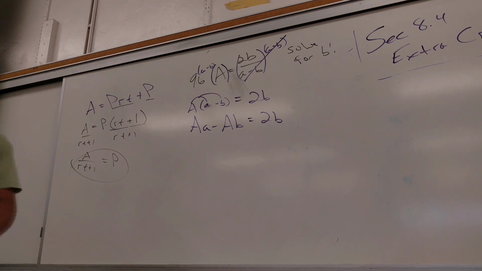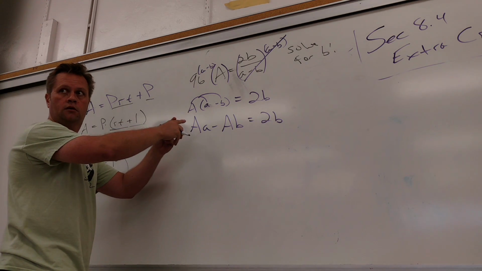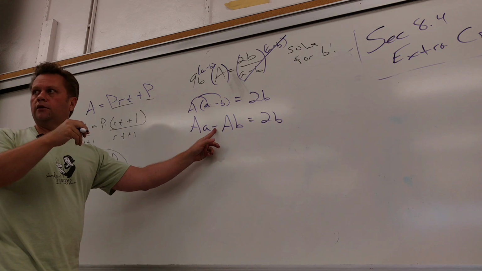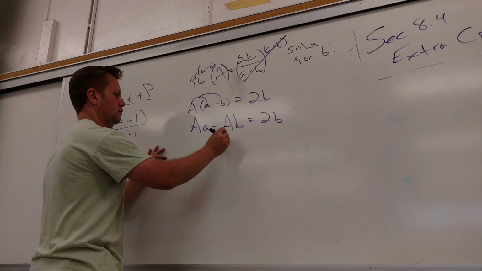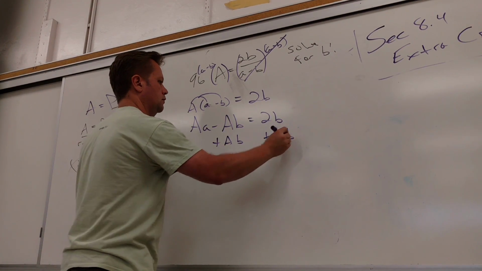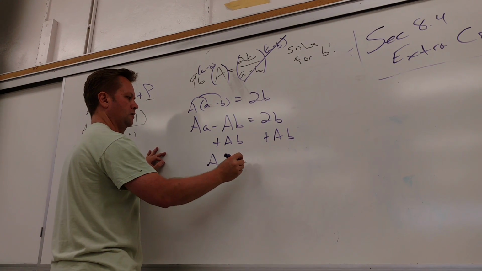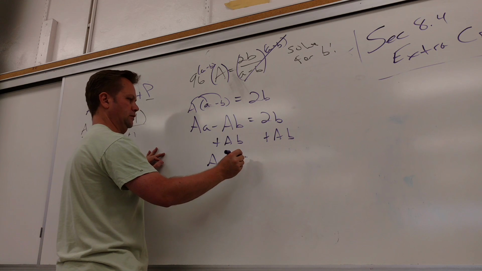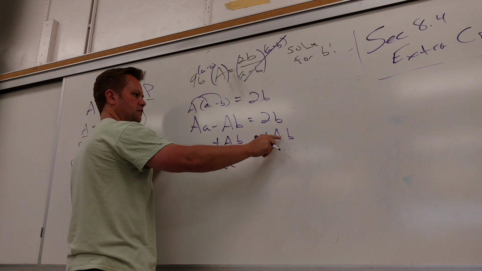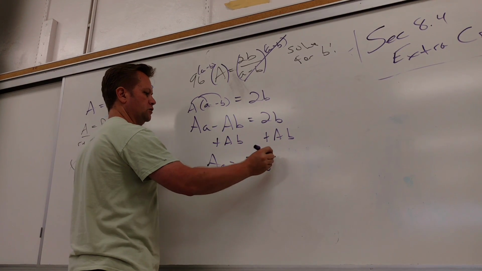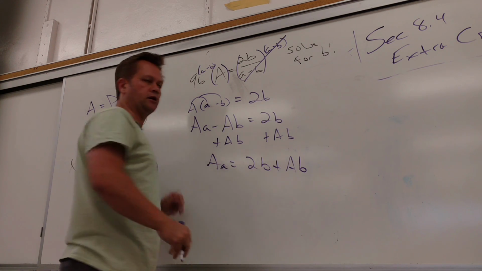So then I just add AB. And what is 2b plus AB? 3b plus a? Nope. Are these like terms? No. They are not like terms. So it's 2b plus AB.